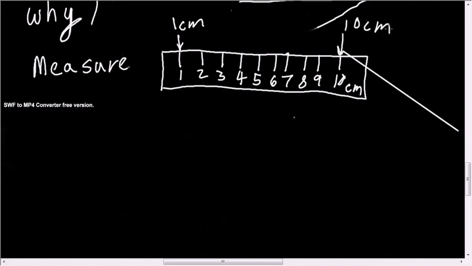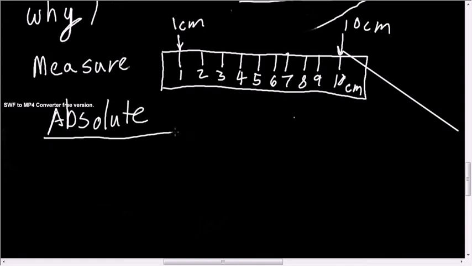Okay? So when I calculate the absolute uncertainty for the 1 centimeter measurement, the smallest increment of this ruler is 1 centimeter, so half of 1 centimeter.